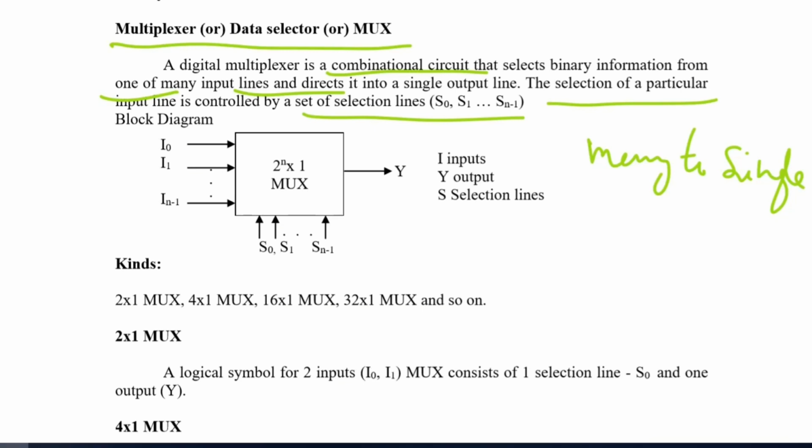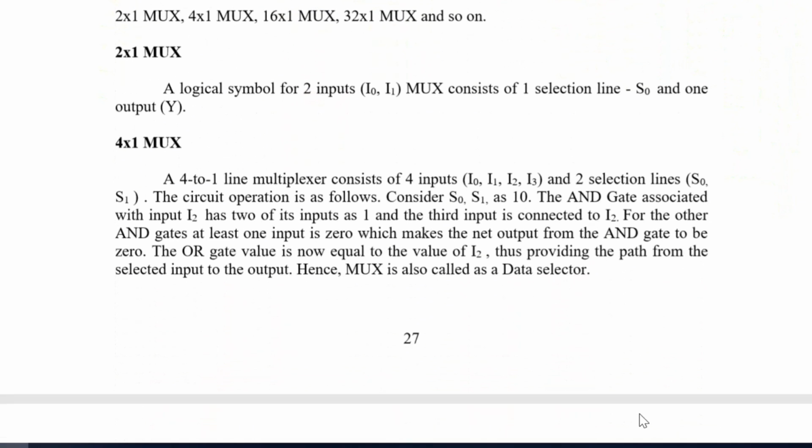So this is a block representation of the same. We have inputs I0 to In minus 1, then selection lines S0 to Sn minus 1, and the output should be only one, Y. Now I will explain the simple one.